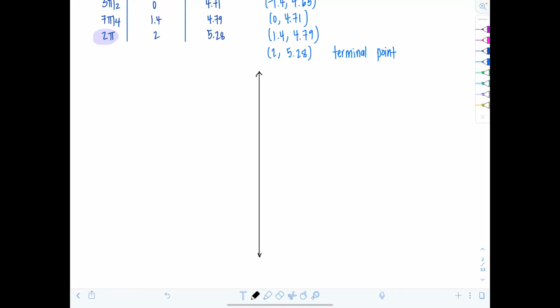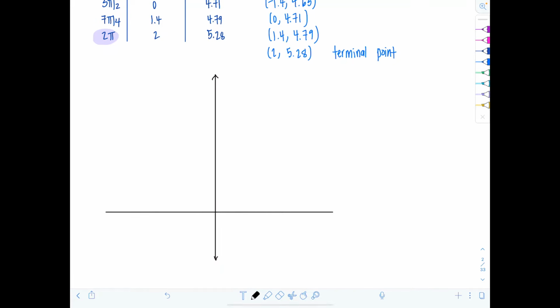So not too much negative y, right? We said that. Okay, so here's the x-axis, y-axis. It's going to go up to 6. 1, 2, 3, 4, 5, 6.